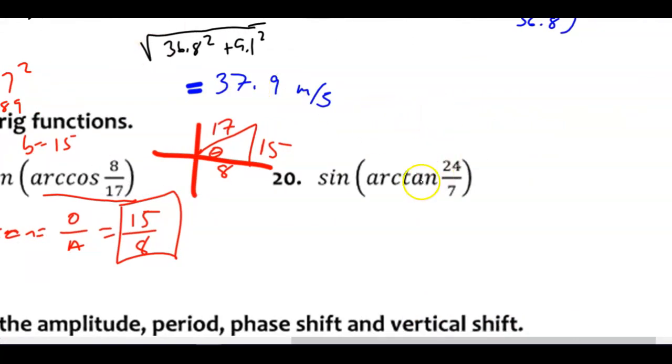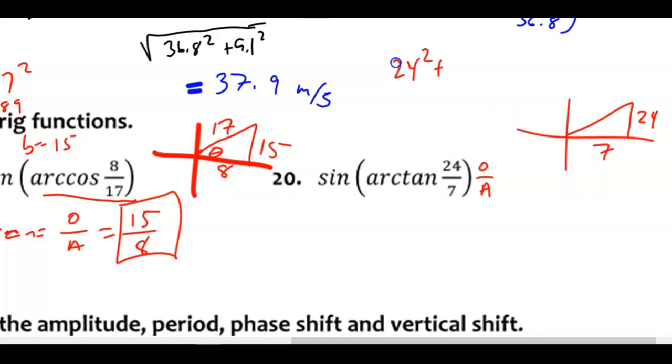And right here, same thing. Tangent inverse is over here in this quadrant, the right half. So we have 24 over 7, or remember with a triangle, tangent is opposite over adjacent. Pythagorean theorem again: 24 squared plus 7 squared equals c squared.